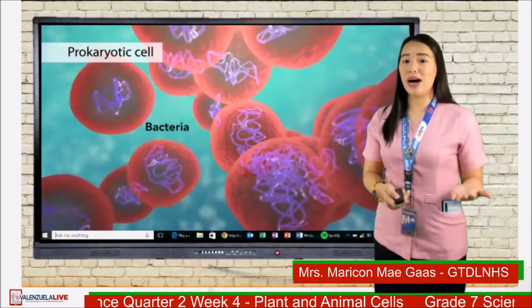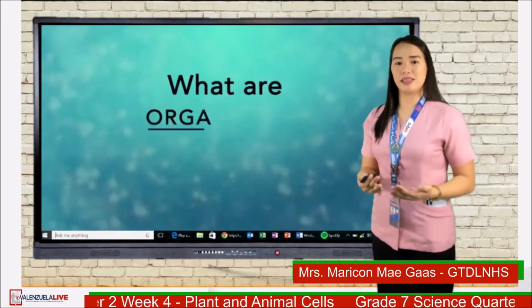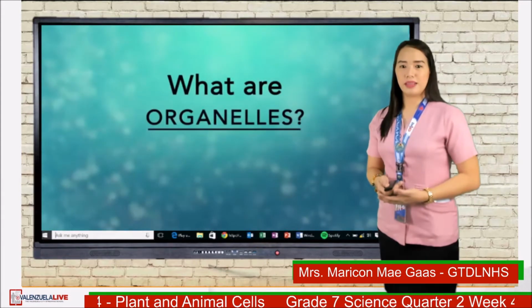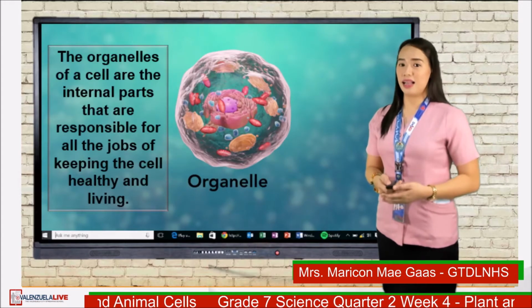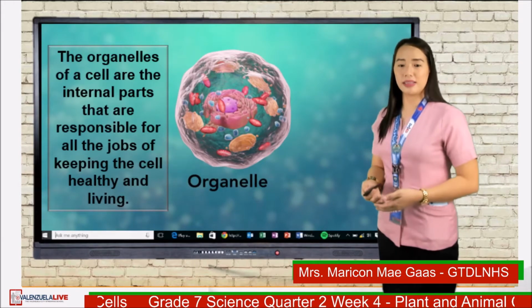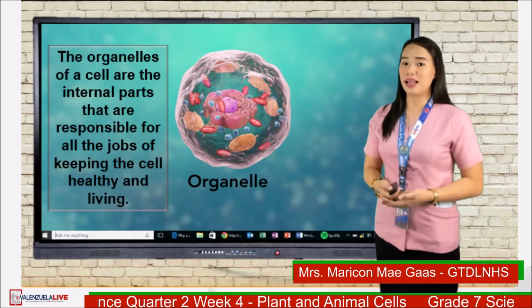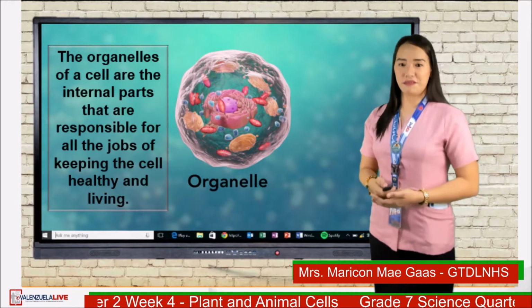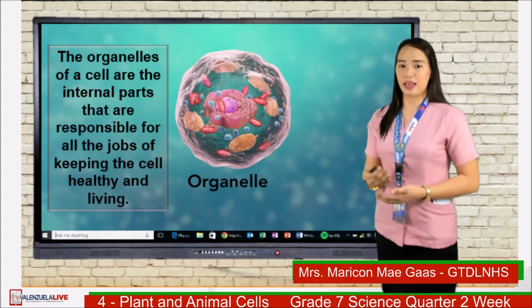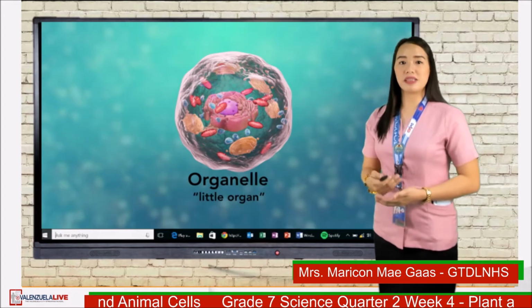Now, what are organelles? The organelles of a cell are the internal parts that are responsible for the jobs of keeping the cell healthy and living. Each organelle has a specific duty.